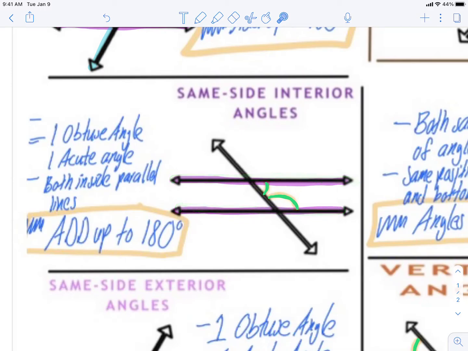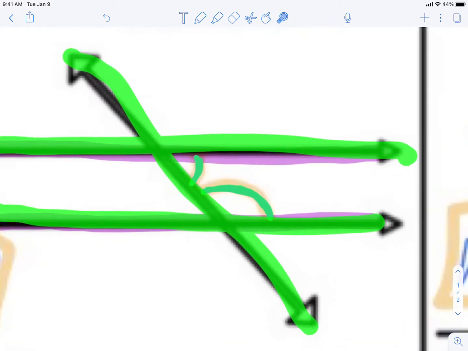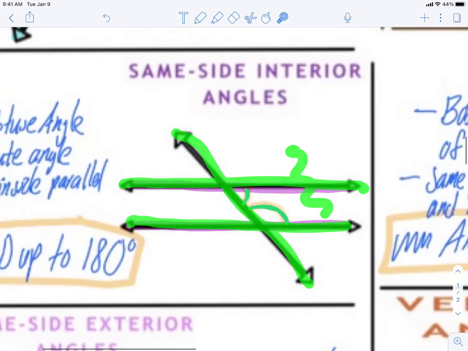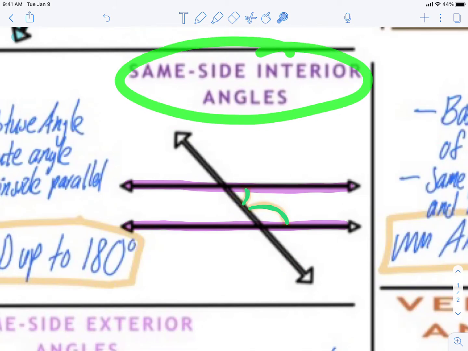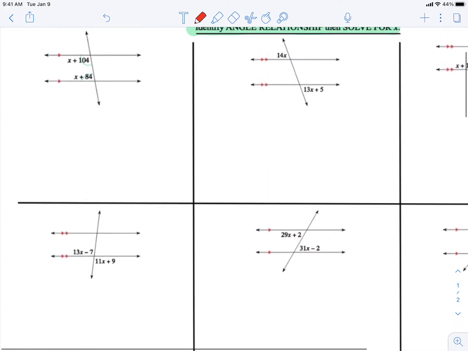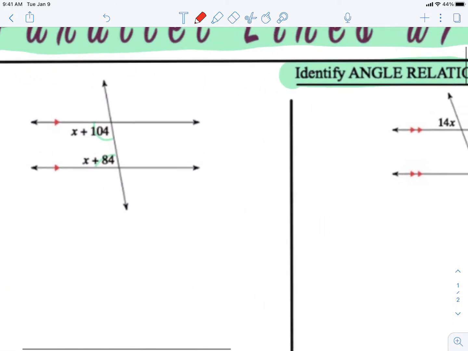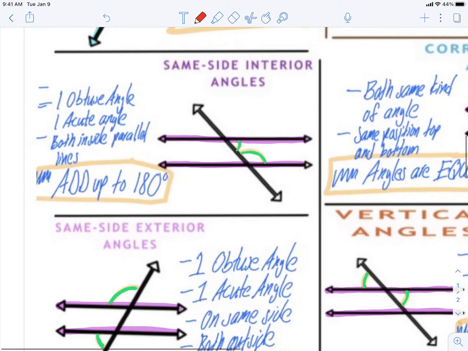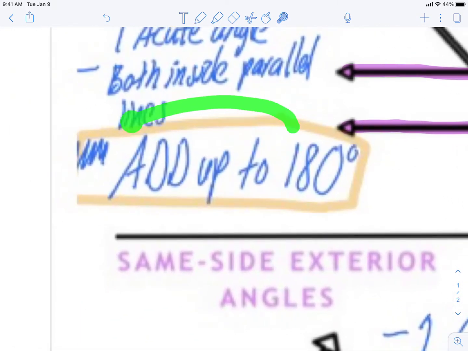Both inside the double lines and both on the same side of the transversal, both on this side. These are called same side interior angles. So we're going to call those same side interior angles. Same side interior angles add up to 180 degrees.